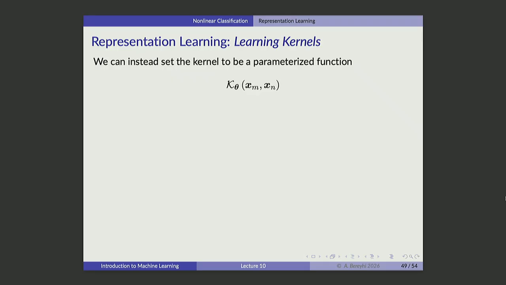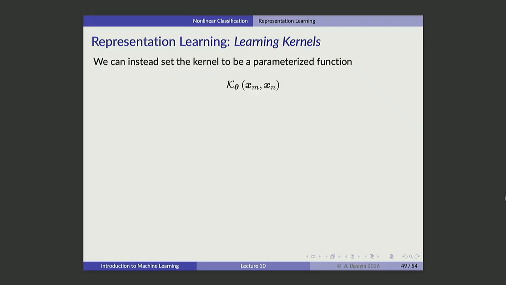I would leave it open, and I would say, okay, I want to find the right choice of sigma in that. Or in the polynomial one, you can think of C to be tunable, or you can introduce one coefficient getting multiplied also to the inner product, and then you train that one. You find that one, right?